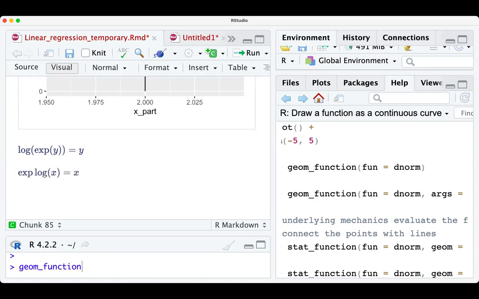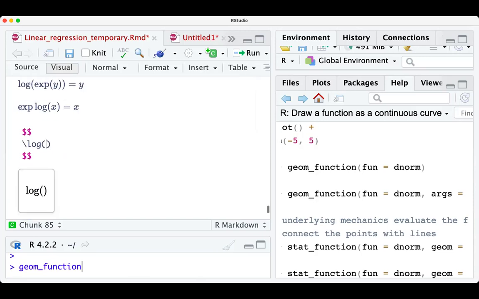These are the properties of the inverse functions. And what we are looking for is the log of the odds, so the log of p divided by 1 minus p.